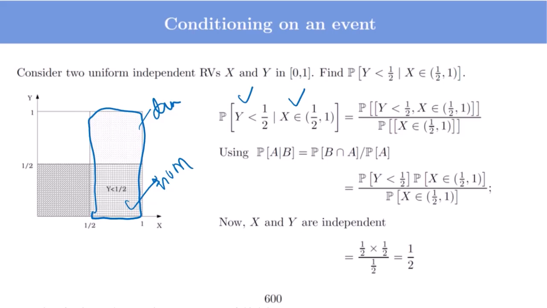Overall this area has a 1 by 4 probability of happening, but relative to this blue area, it has a half probability of happening. This is the blue rectangular area, and we can compute the probability because we know the distribution of X and Y.